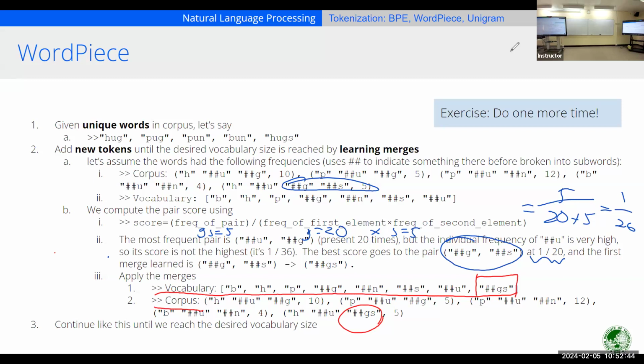So Deepali asked a quick question, if there's a tie.